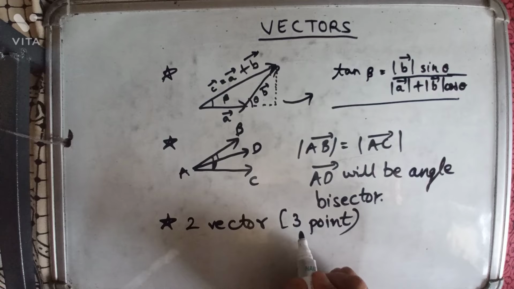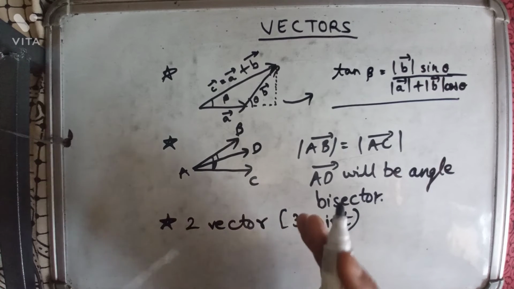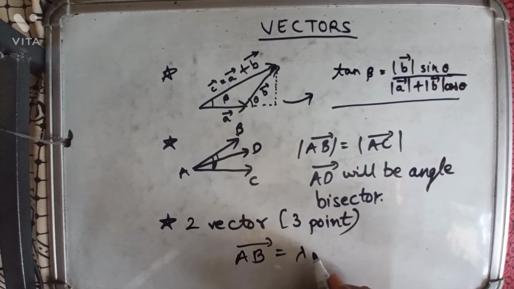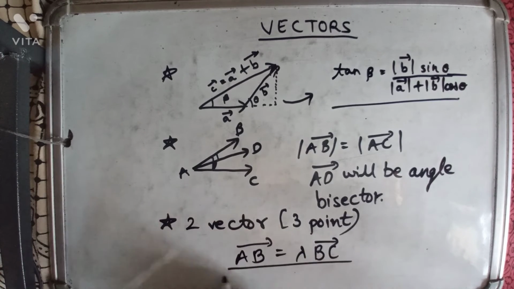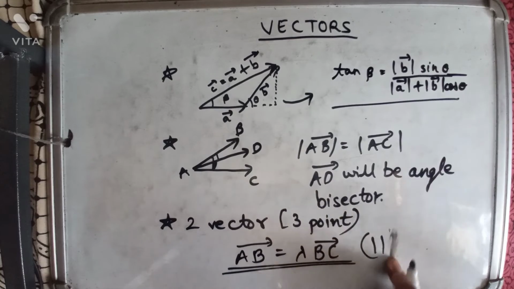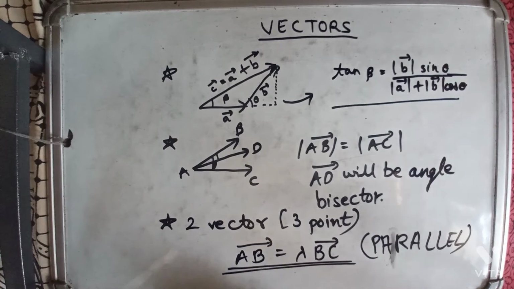If three points are given in a question, then to find whether they are collinear or not, you have to write vector AB is equal to lambda times vector BC, in case it is parallel. Okay, let's move further. Note this.